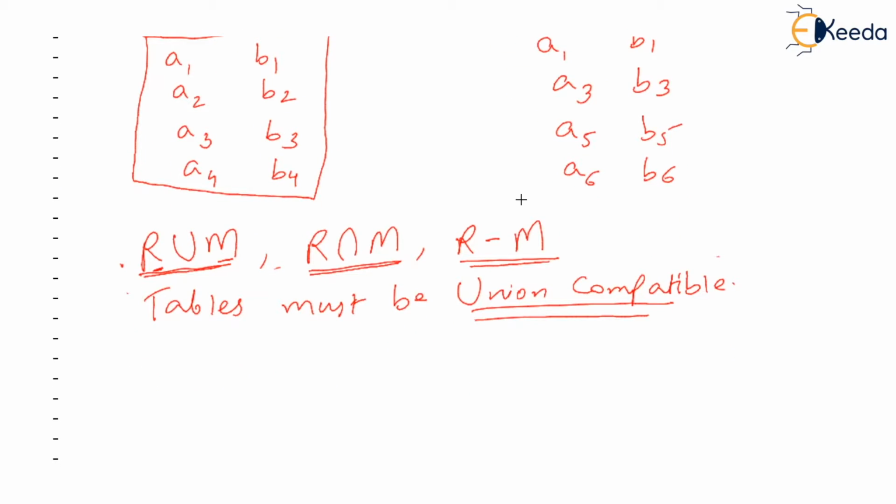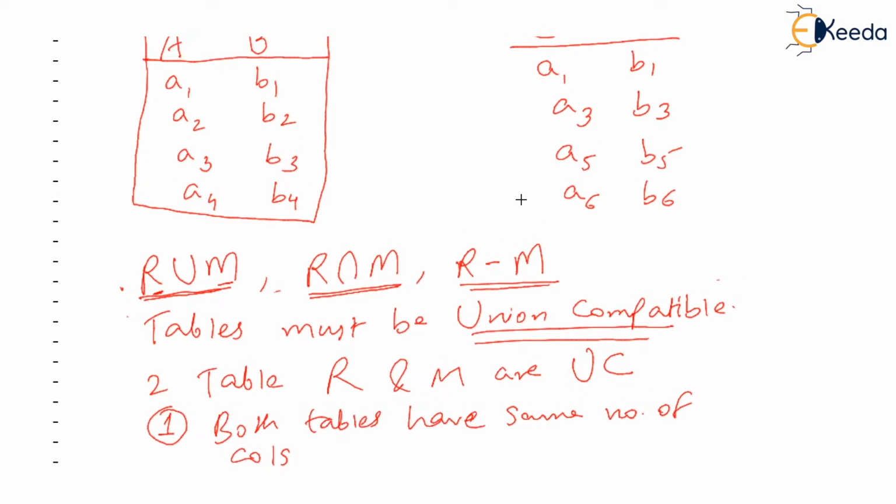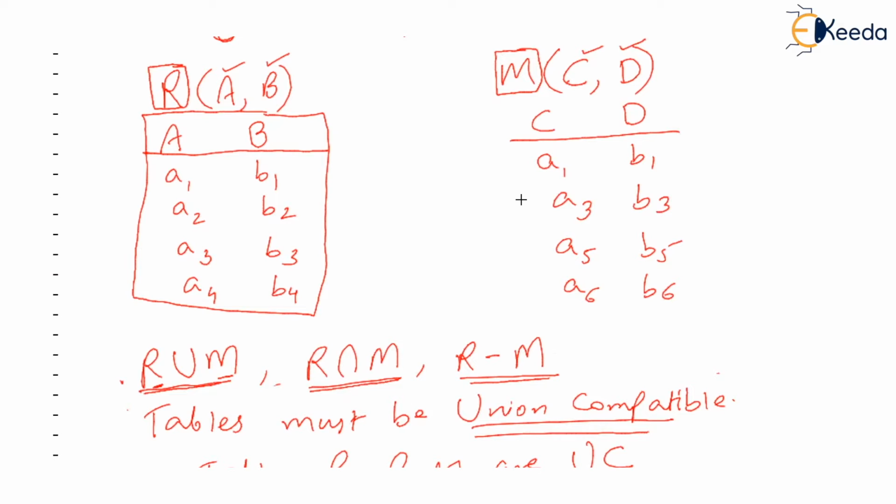Let's see. Two tables R and M are union compatible. I'll write in short as you see, if first thing, if both tables have same number of columns. Same number of columns. Now, as you can see, R and M, both these tables are having two columns each.